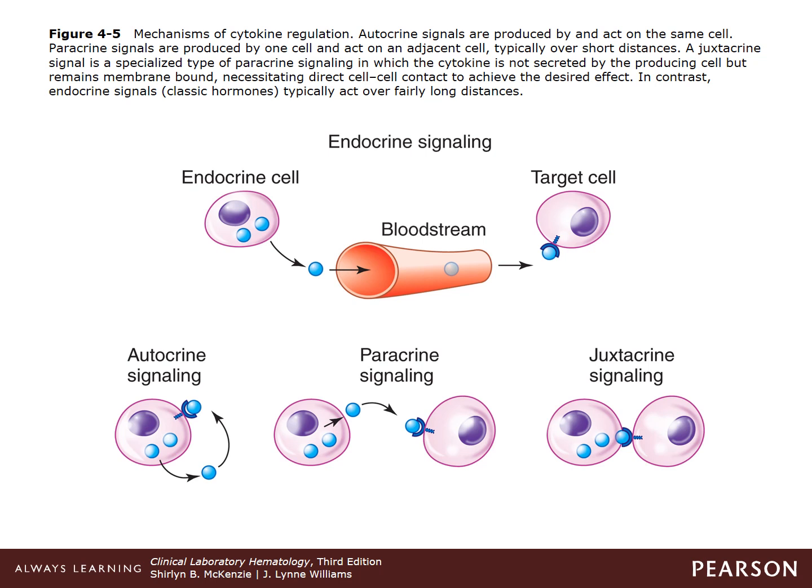Paracrine signals are produced by one cell and act on an adjacent cell, typically over short distances, and juxtacrine signals represent a specialized type of paracrine signaling in which a cytokine is not secreted by the cell, but remains membrane bound, necessitating direct producer cell-target cell contact to achieve the desired effect.